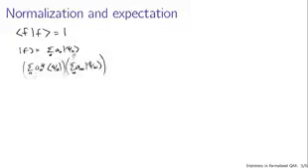I'm assuming these psi sub n's come from the eigenstates of a Hermitian operator. So the orthogonality collapses the two sums together, and I'm left with one sum over n of a sub n star a sub n, since the normalization means the psi n inner product is 1. So my wave functions are gone. This normalization condition implies that the sum of the squares of those coefficients in the representation of my state is going to be 1.